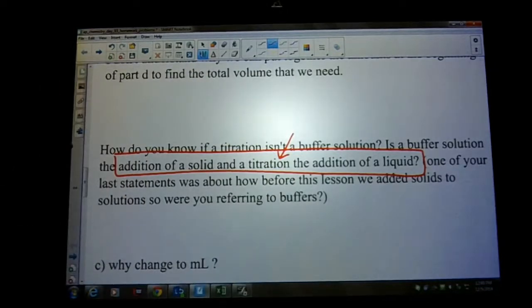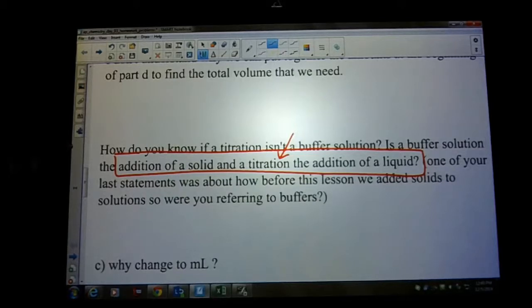Okay. You will never add a solid in a titration. In other words, once we have our weak acid or weak base in that beaker, we're never going to do a titration with a solid. It'll always be with some strong liquid, whether it's a strong acid or strong base.